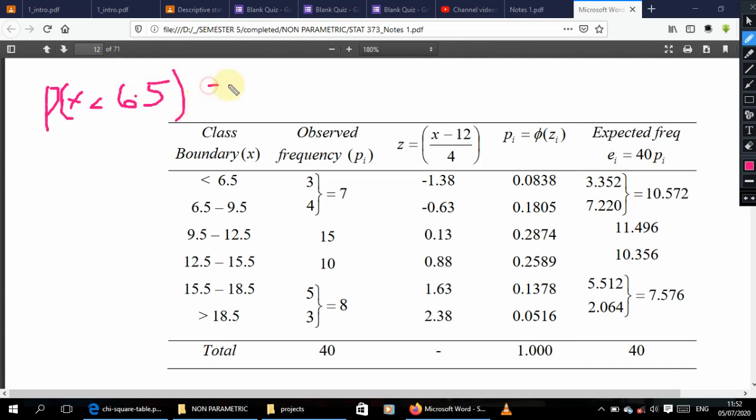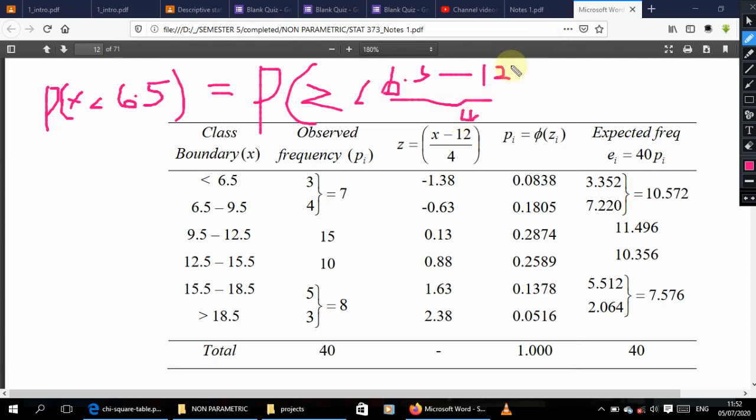That means you transform this to the probability that z is less than 6.5 minus 12 all over 4.